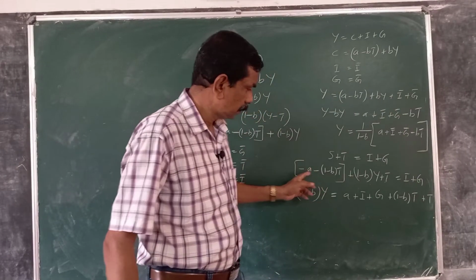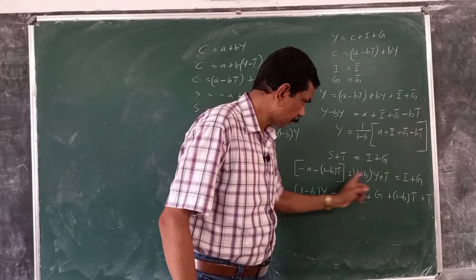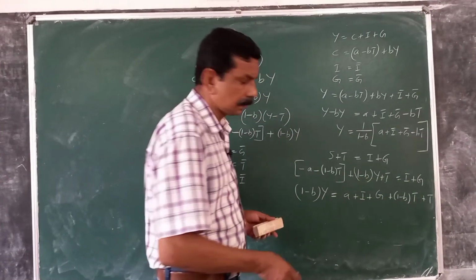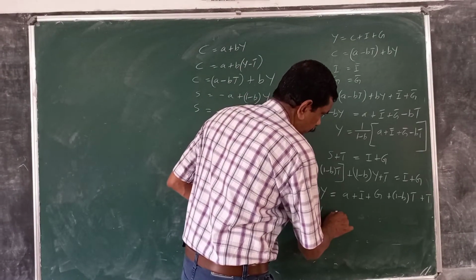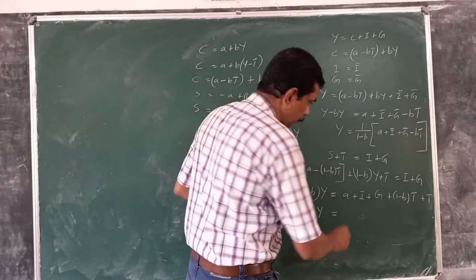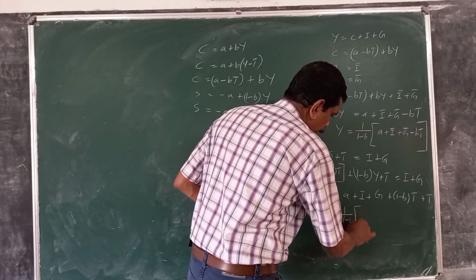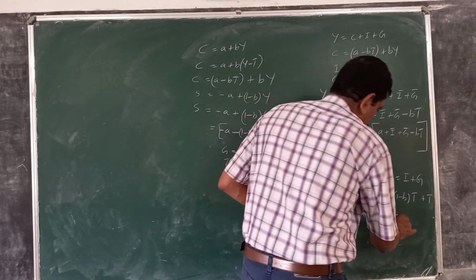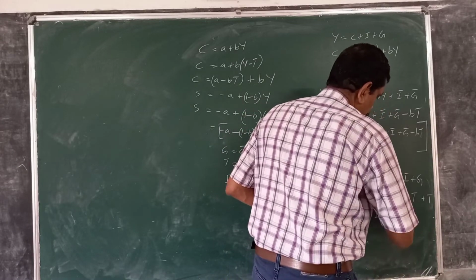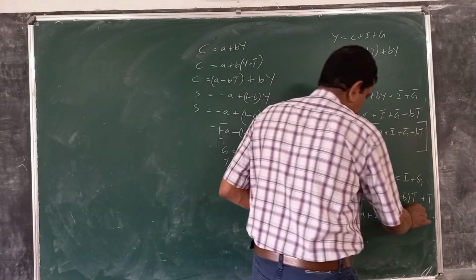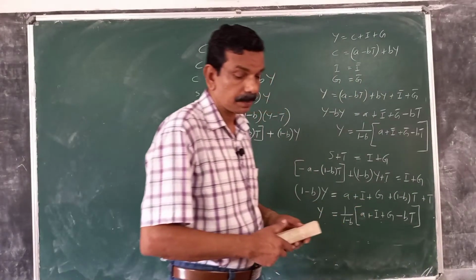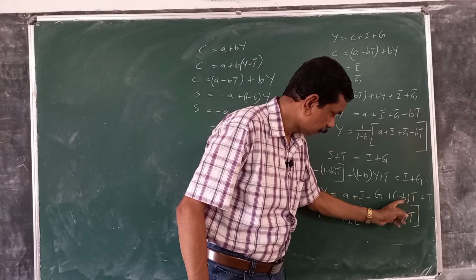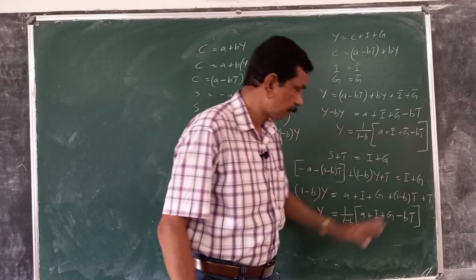So (1 minus B)Y is equal to A plus I plus G minus BT, and Y is equal to 1 by 1 minus B into A plus I plus G minus BT, since (1 minus B)T minus T is minus BT.